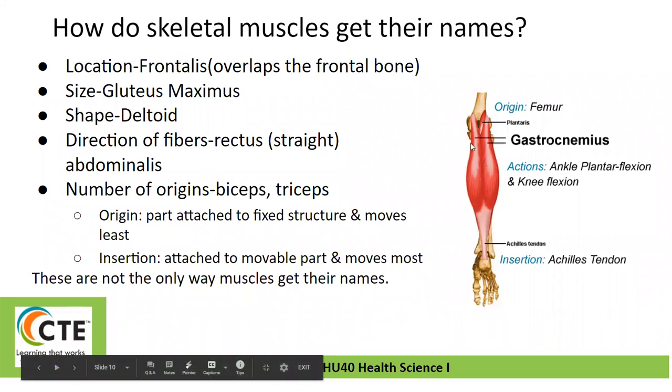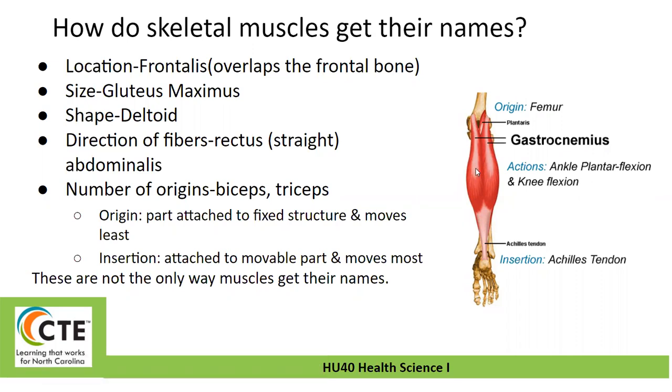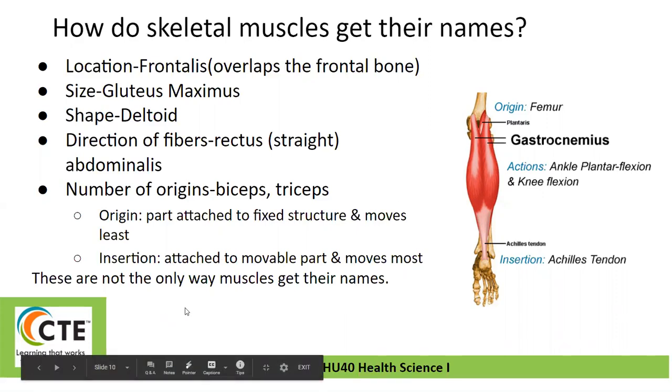Here you can see these are the two heads of the gastrocnemius. The insertion is attached to the movable part and moves the most. So these are two vocab words for you guys. And these are just some of the ways skeletal muscles get their names.